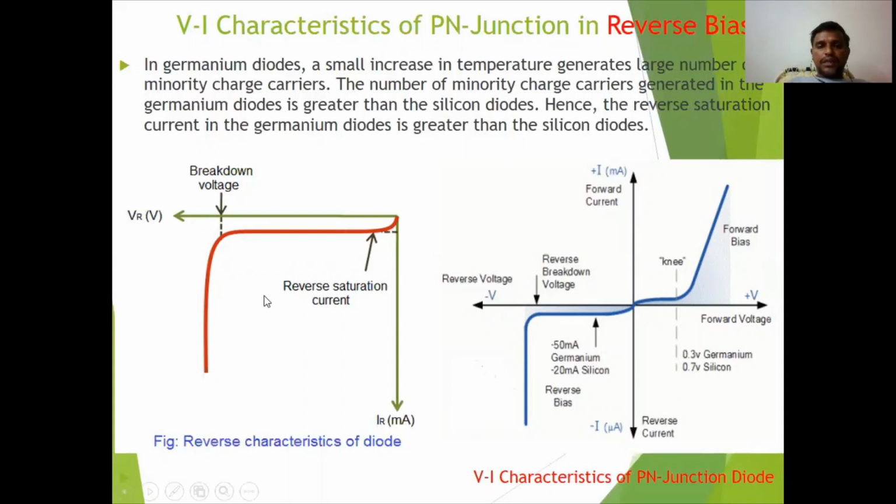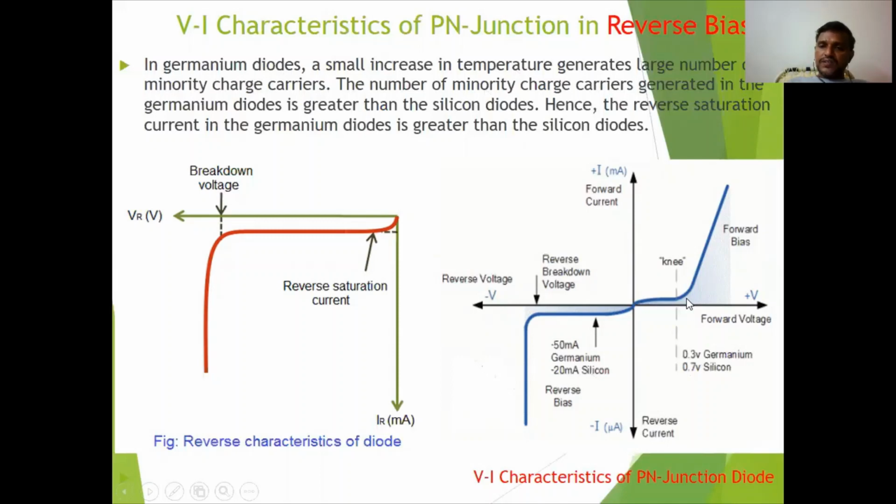And the complete combined p-n junction diode VI characteristics I have provided here. Up to 0.3 volts for germanium and 0.7 volts for silicon, a negligible amount of current flows in the forward direction.